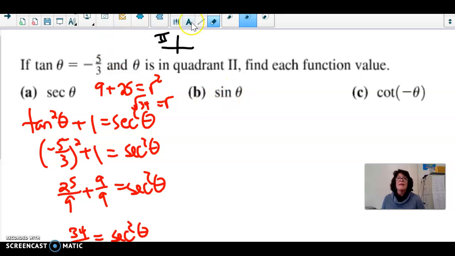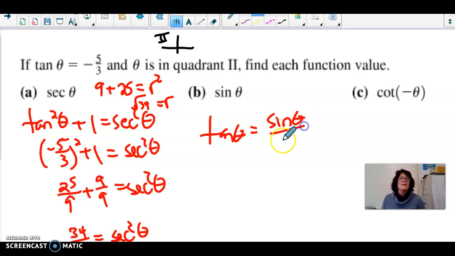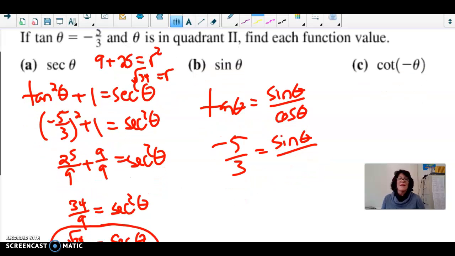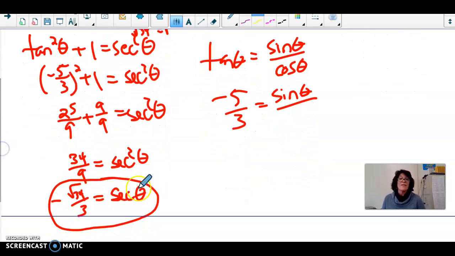So now, how am I going to get to sine if I know tangent? I know that tangent is sine over cosine. So negative 5/3 equals sine over cosine. And I have to be careful now. I found secant, so I do know that cosine is negative 3 over the square root of 34.